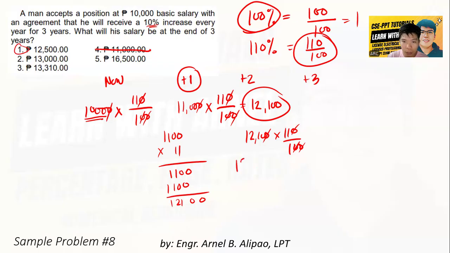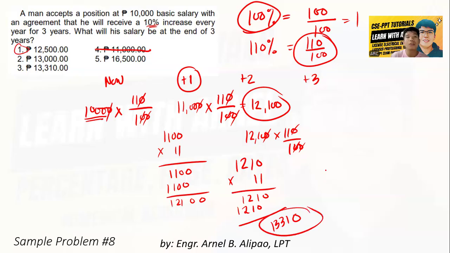So we are left with 1210 times 11. So 1 times 1,210. So you have 1,210, then 1,210. We have 0, 1, 3, 3, 1. So 13,310. So our answer is number 3.